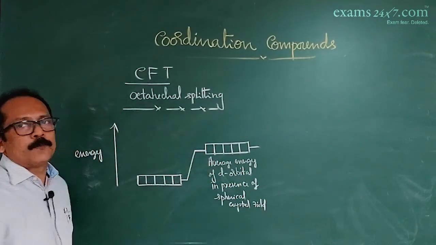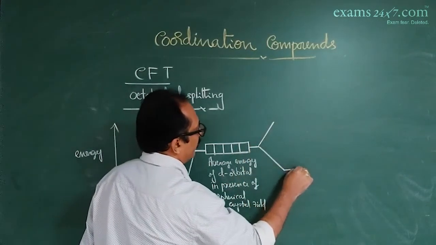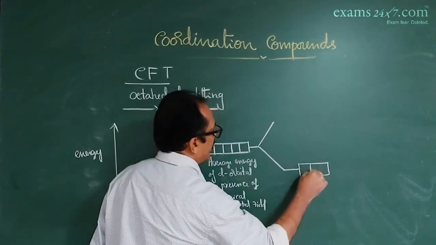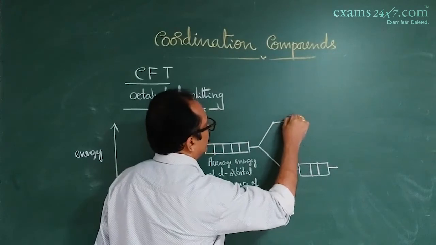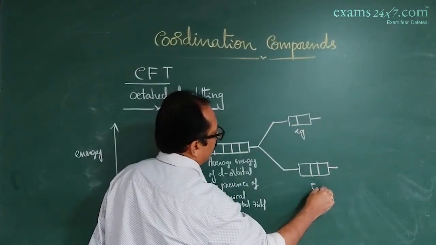Energy is more, stability is less. So it splits into two types of energy level, that is T2G and EG. This is EG, this is T2G.